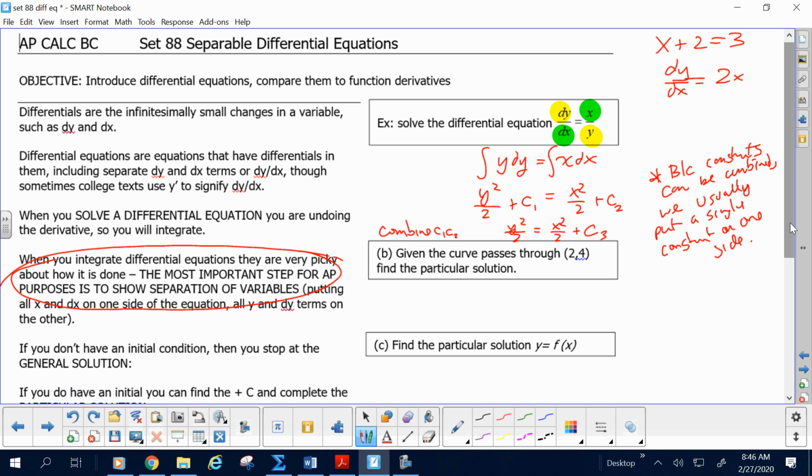All right. Now that is called the general solution. The general solution is really a family of solutions. I talked about this the very first day I taught integration. If I said y equals x squared plus 1, y equals x squared plus 2, y equals x squared plus 3, all of them have the same differential equation or derivative.